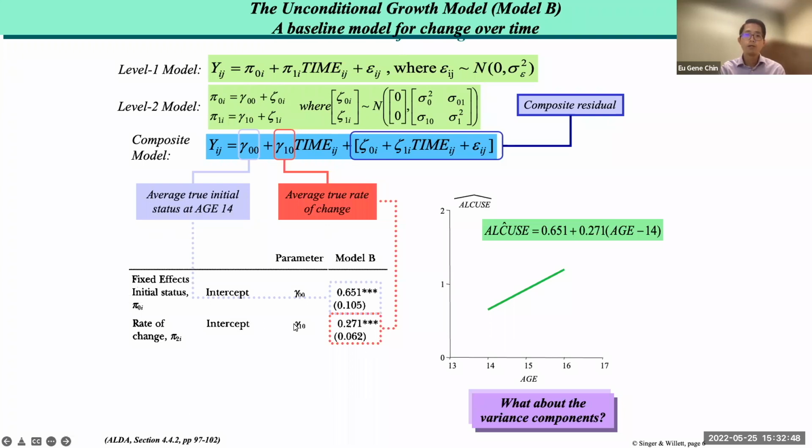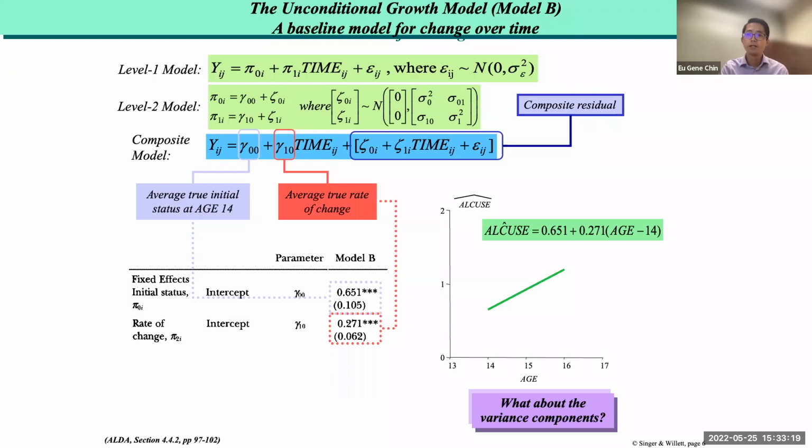So this table shows the results of fitting this unconditional growth model. We can see that the estimated intercept of the population average change trajectory is 0.651. This basically represents alcohol use scores at time point 1. Or, if you may recall, the authors did say that they actually did a transformation of the alcohol use variable to help meet some linear assumptions.